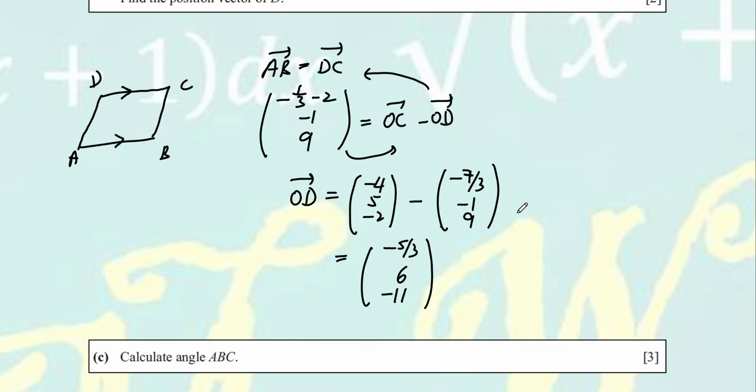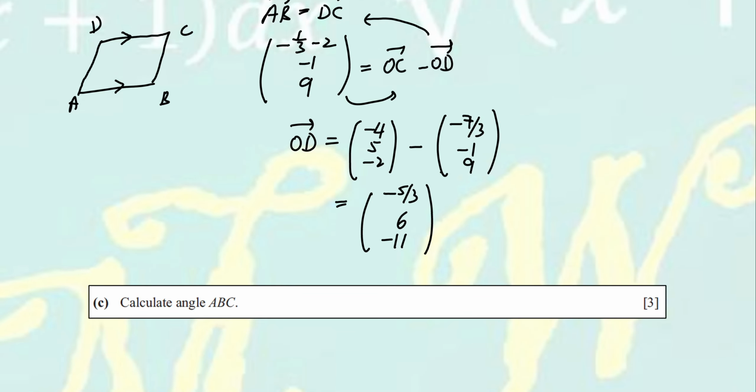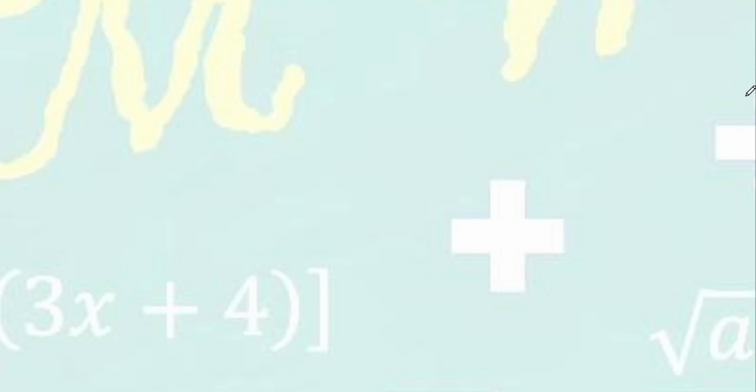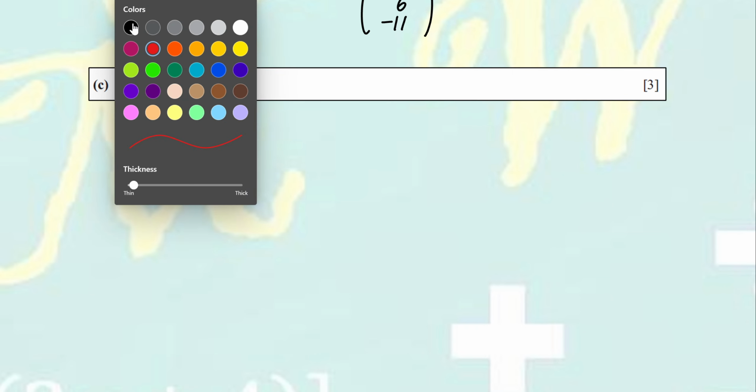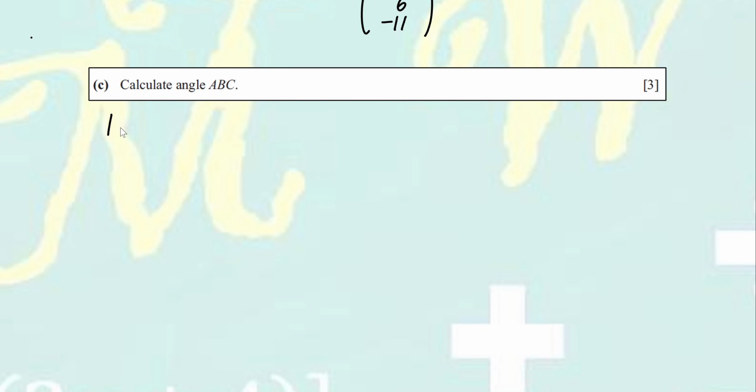Okay, so now calculate angle ABC. So when you refer to this, the previous diagram, angle ABC means here. So we need two vectors, BA and BC. Okay, I will let this be theta. Alright, so I will write let the angle ABC be theta.